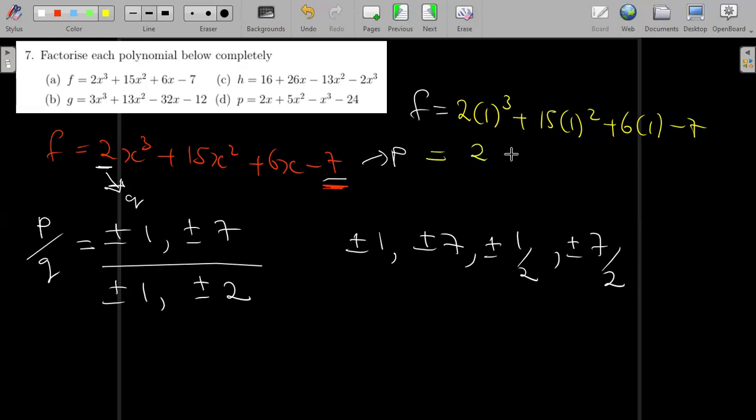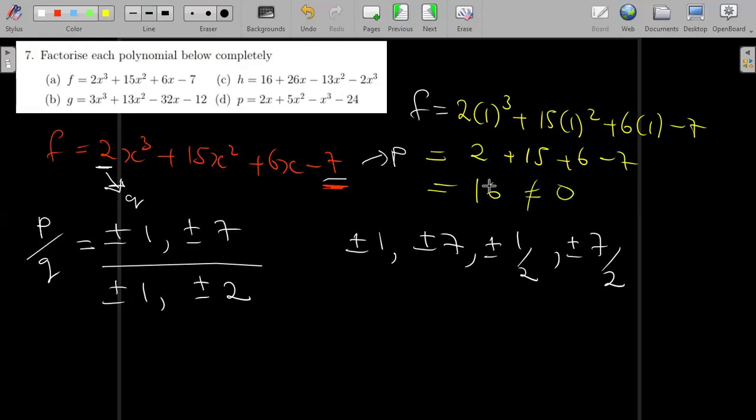This gives me 2 plus 15 plus 6 minus 7. When I add this, I get 16. But 16 is not equal to 0.